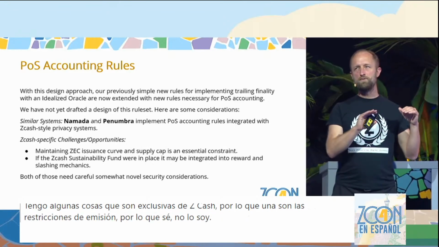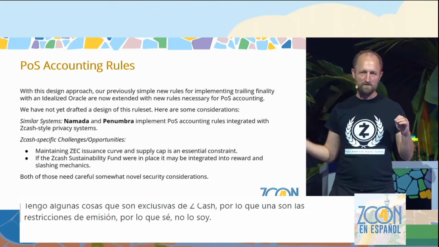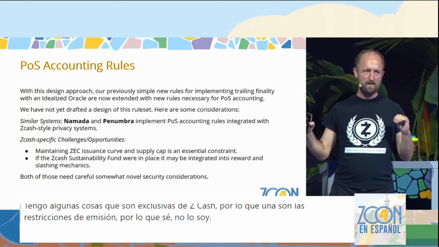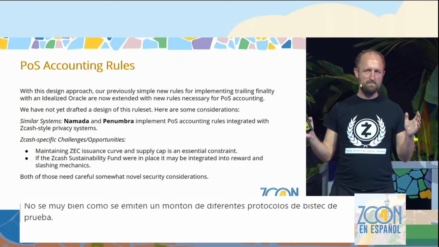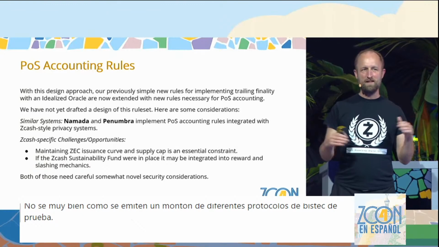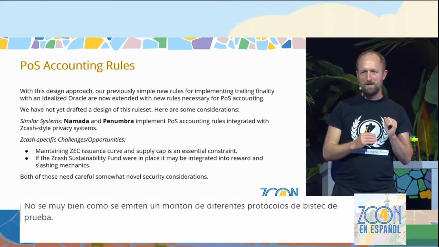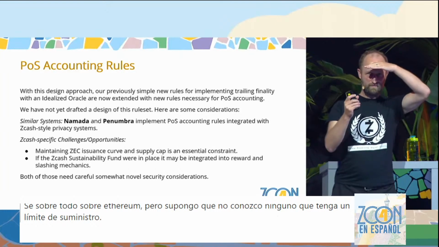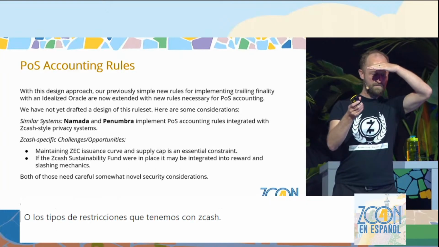As far as I know, I don't know too well how a bunch of different proof of stake protocols do issuance. I mostly know about Ethereum, but I'm not aware of any that have a supply cap or the kinds of constraints we have with Zcash. And yeah, there's a question.